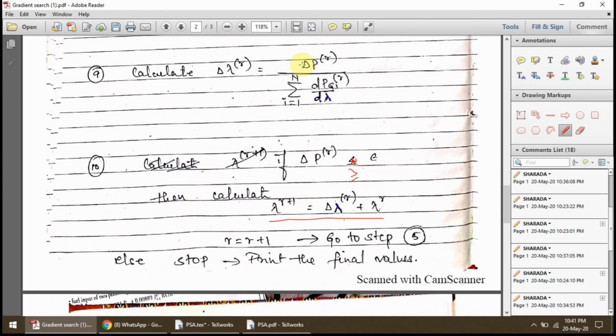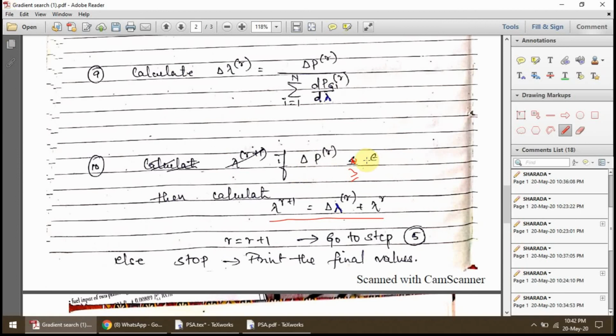Once we have calculated delta lambda of R, next we need to check if delta P of R is greater than or equal to epsilon value. This is epsilon value, which is nothing but your convergence tolerance. If it is greater than it, it means that we have not reached the desired accuracy level.